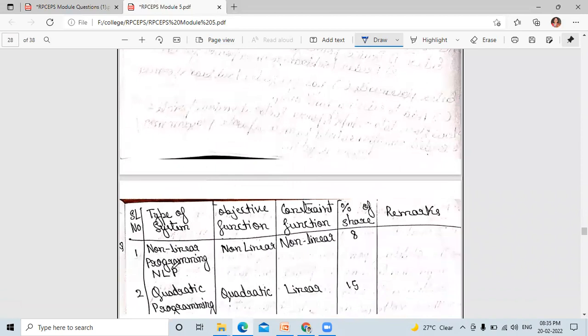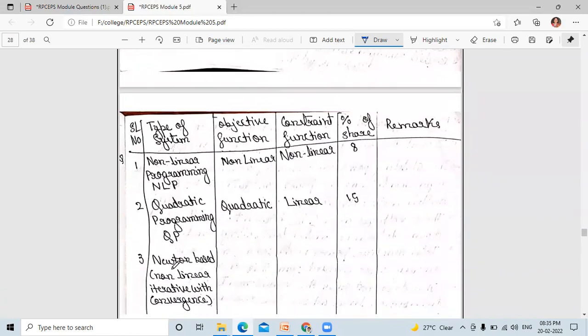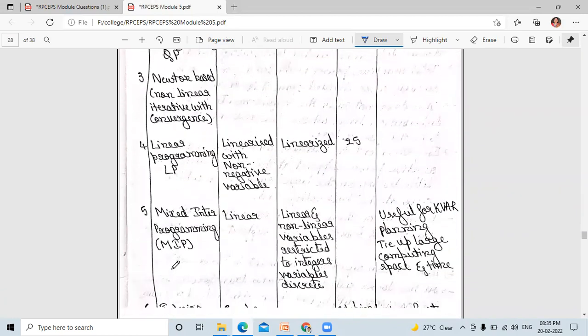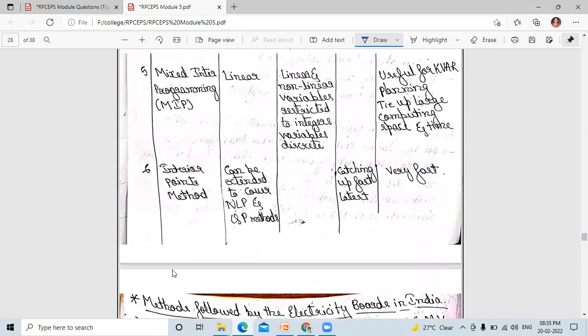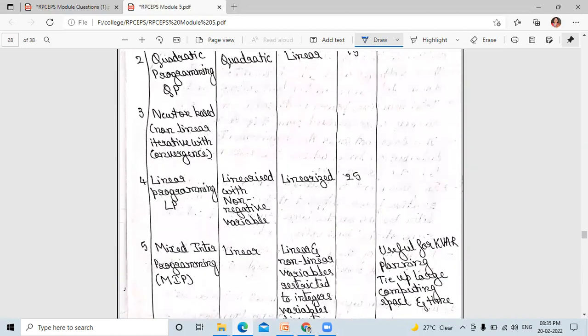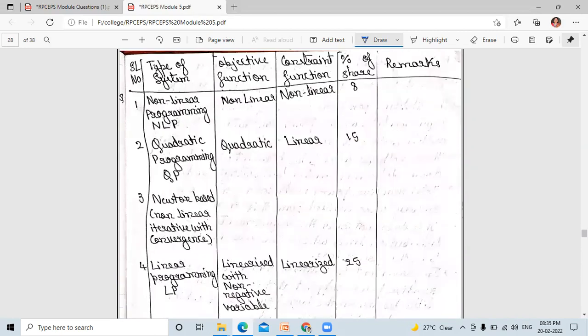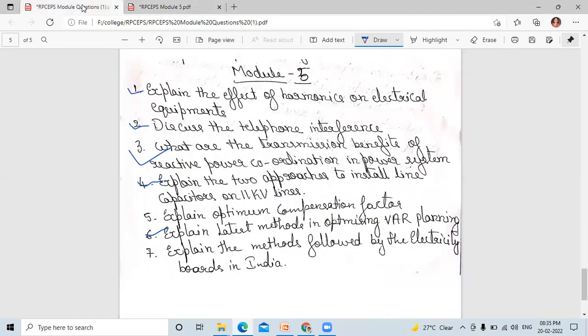If they ask types of system, you need to mention this one. Objective function. Explain the latest methods they have given.